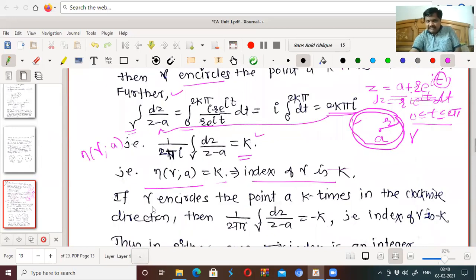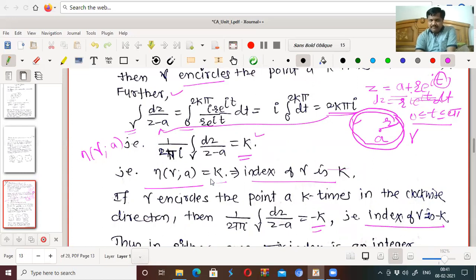Thus, if gamma encircles the point a k times, that means a is a point inside gamma and gamma revolves k times about that point in the anticlockwise direction, we get k. If it is in the clockwise direction, then it will be minus k. In that case, the index of gamma is minus k.